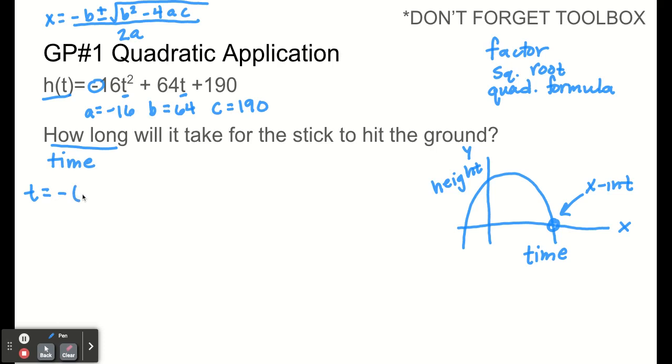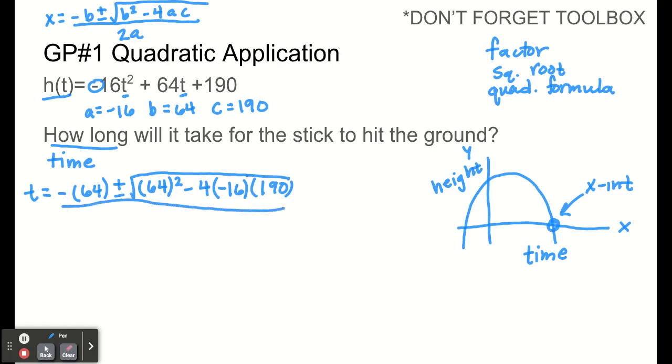So negative 64 plus or minus the square root. Make sure you're using parentheses. 64 squared minus 4 times negative 16 times 190, divided by 2 times negative 16.